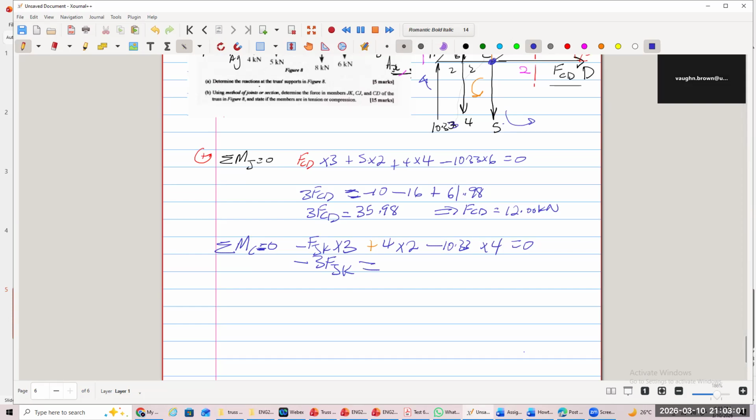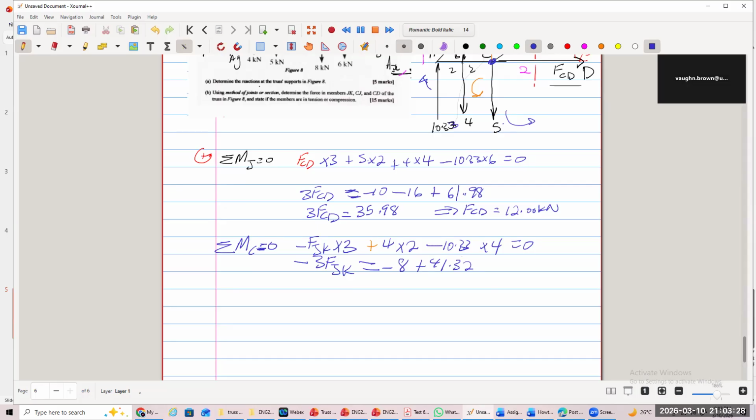Going to be equal to what now? Minus 8 times 10.33 times 4. That gives us plus 41, 41.32.